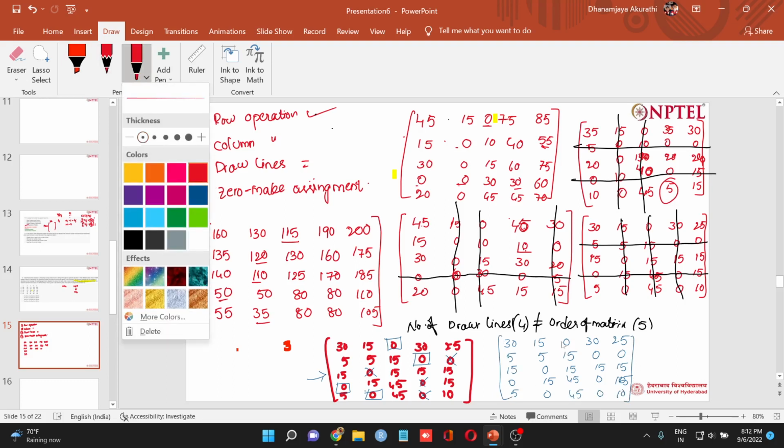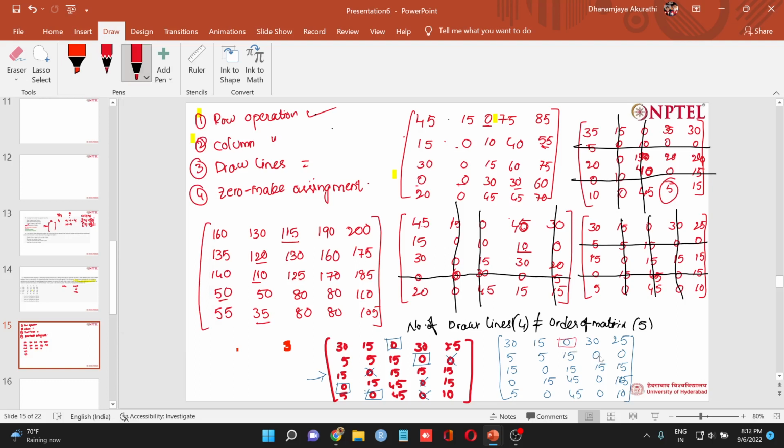So for the first time I am choosing this 0, and previously we had a mistake selecting this 0.